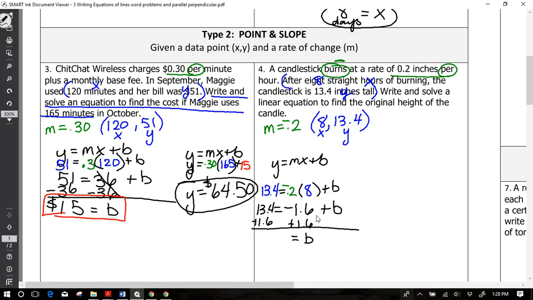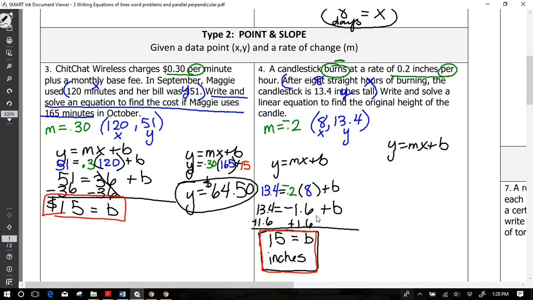And my y-intercept, or the original height of this candle before I started burning it, was 15 inches. Oh, and I should actually box this up in red. This is my y-intercept. So now I have a slope and I have a y-intercept. Y equals mx plus b.